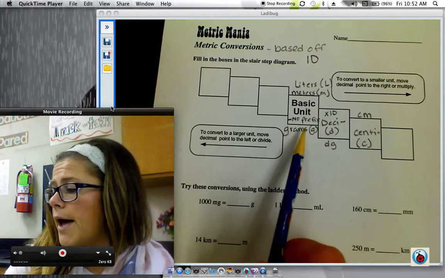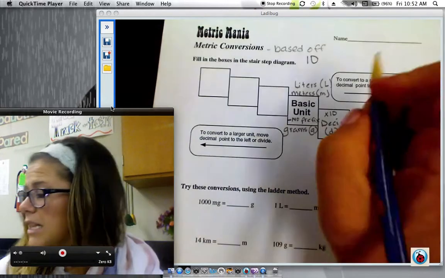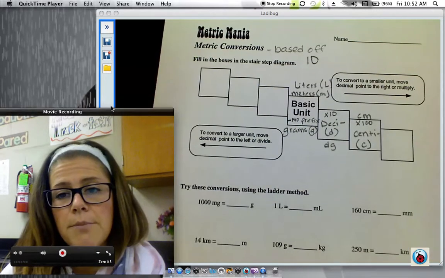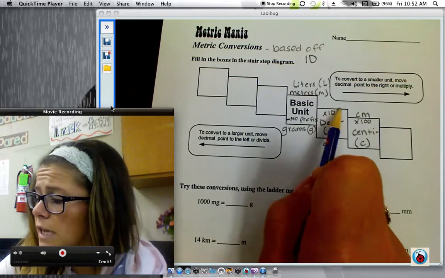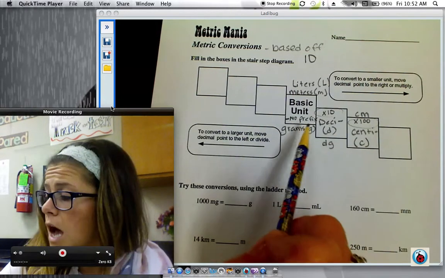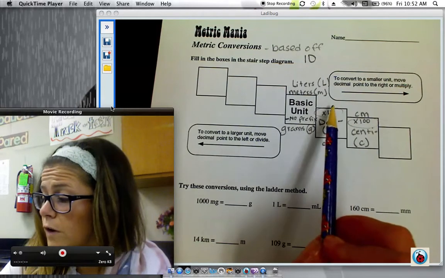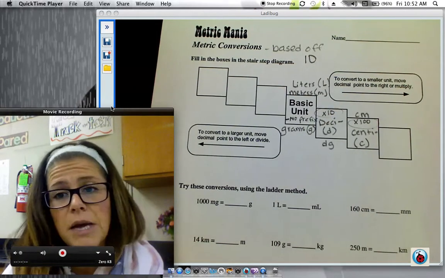Now, the basic unit is 100 times bigger than the centi. So we would multiply by 100. Now don't forget, this is only if we're dealing with the basic unit and going from that to smaller units. But if you're going from one box to the next box, it's by tens, okay?